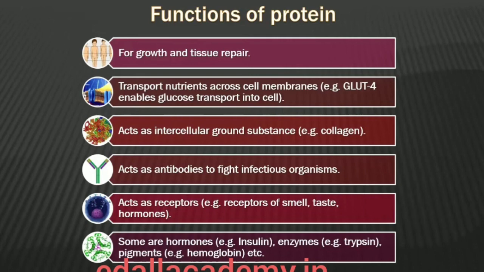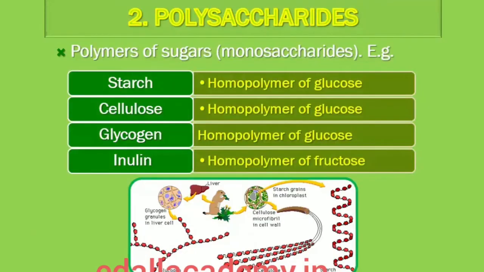Some are hormones, for example insulin. Some are enzymes, for example trypsin. Some are pigments, for example hemoglobin, etc. So try to remember the examples given, everything is important. Structure of protein is followed by polysaccharides.